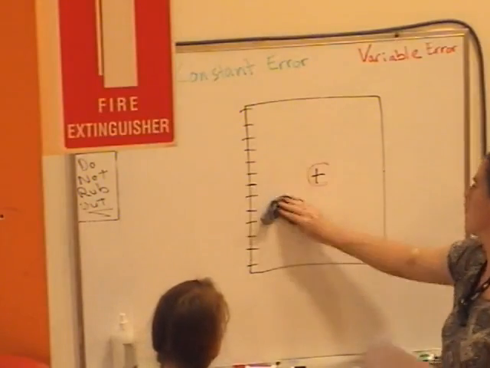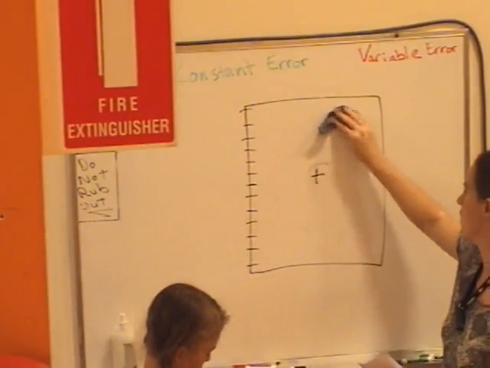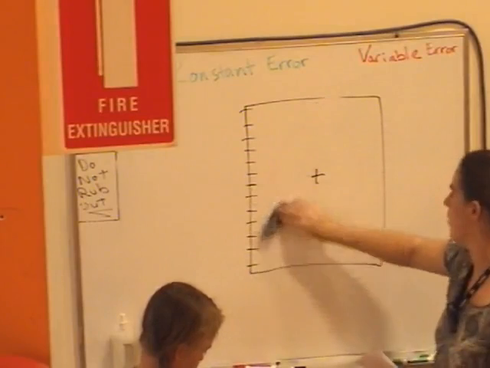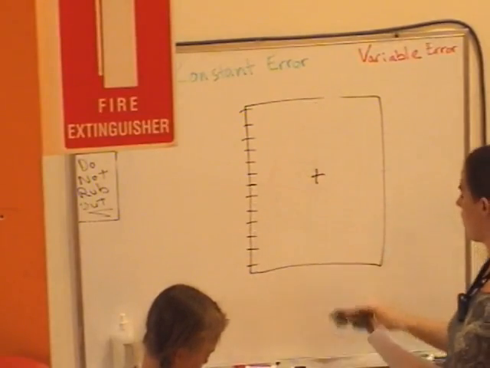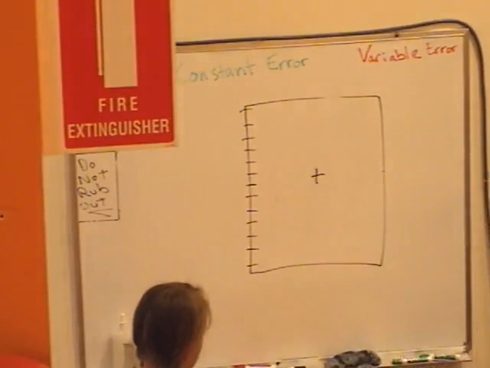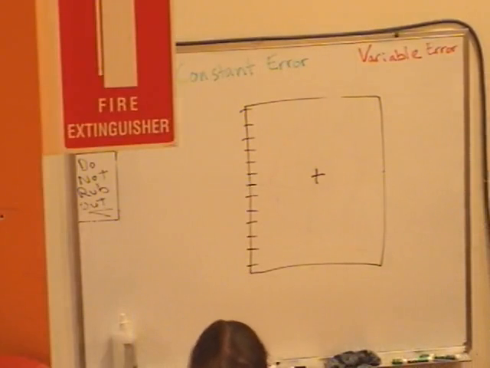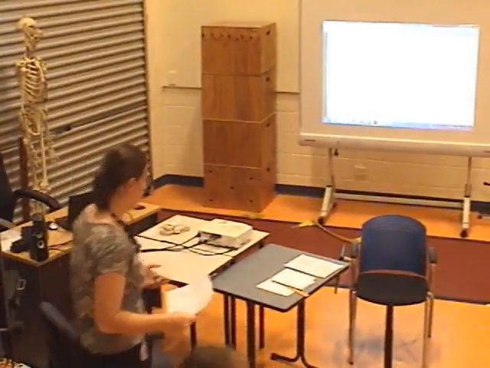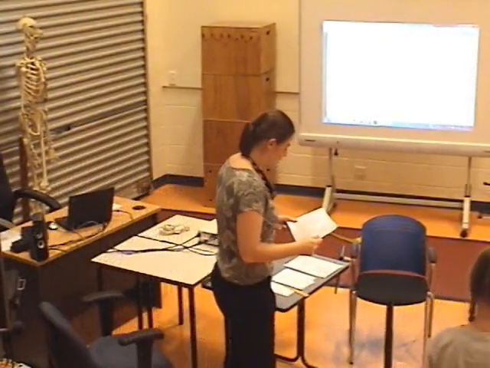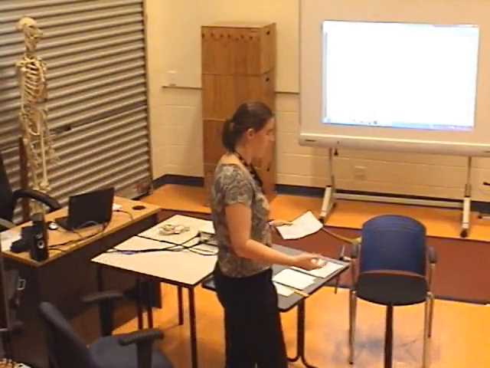Perfect. All right, so that's like the basics of what this task is about. It talks about parking your car and how close you are to the center. But basically, constant error and variable error are important because they give you an idea of accuracy.